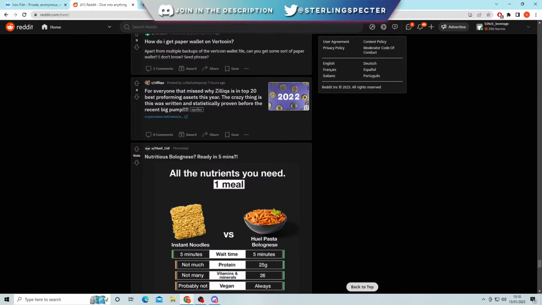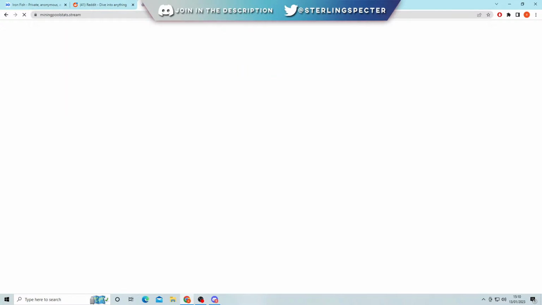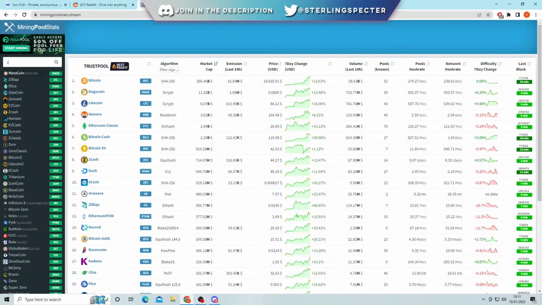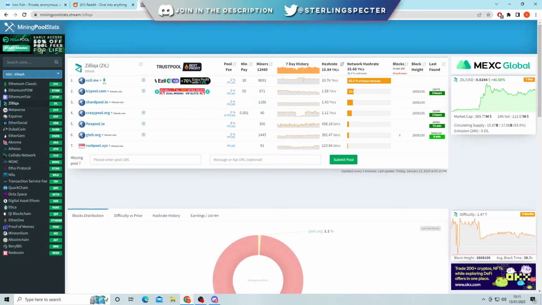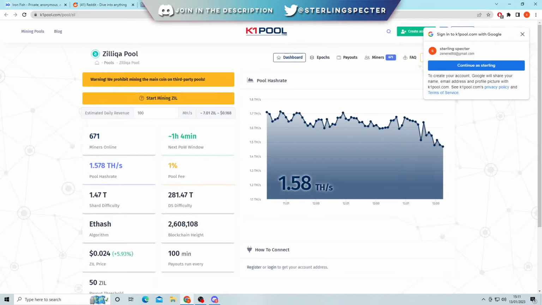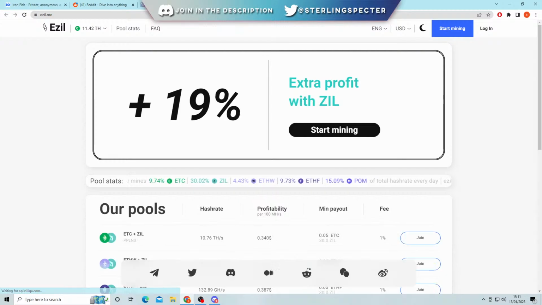Ethereum Classic. Or let's have a look what kind of options we have. I think it's just Ethereum Classic and Ergo, is it? No, Casper as well. If we go on K1 pool, or this one?